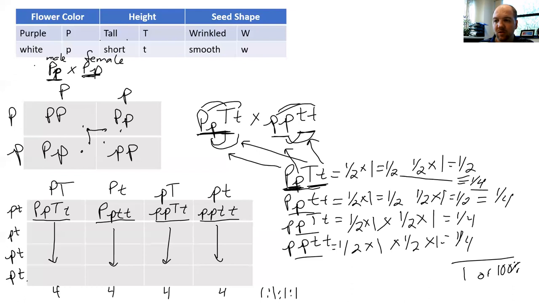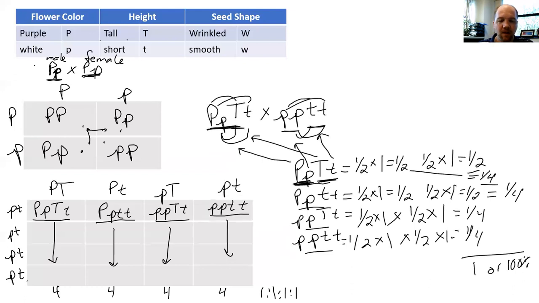So let me erase this and show you one other method here. The other way that we can do this is we can use what we know from one trait Punnett squares to figure this out. It just shortens the math that we need to do.